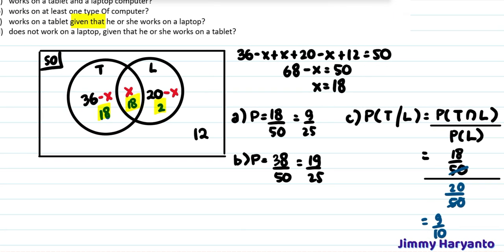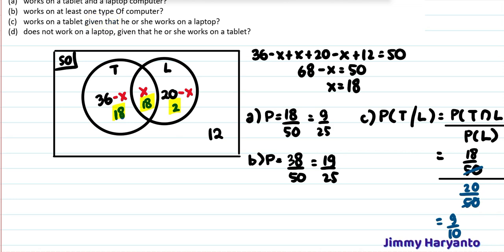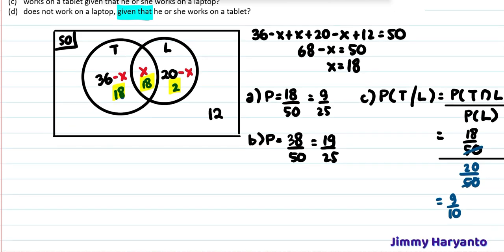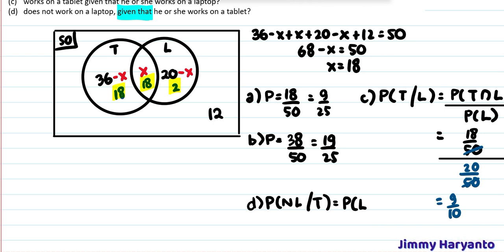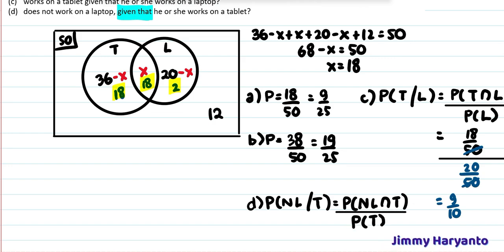There you go. And then the last one is does not work on laptop. Given that, we read given that also in these questions, so we have to translate it first. P does not work on laptop slash works on tablet. That means you have to find the probability of not work on laptop intersect with the tablet over probability of tablet.